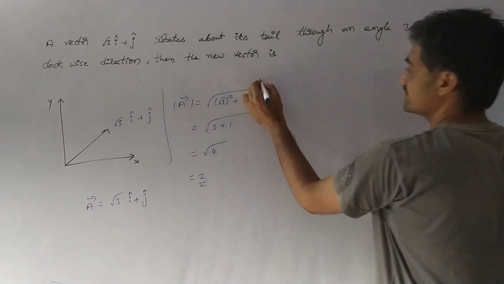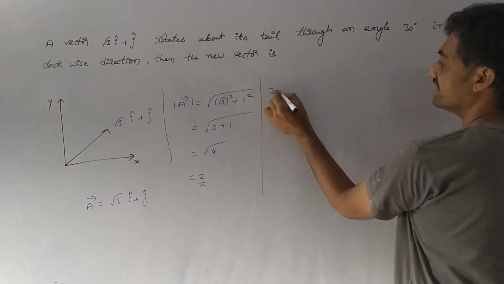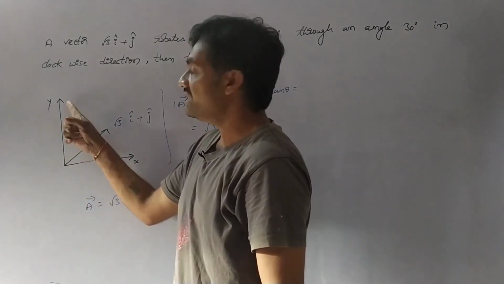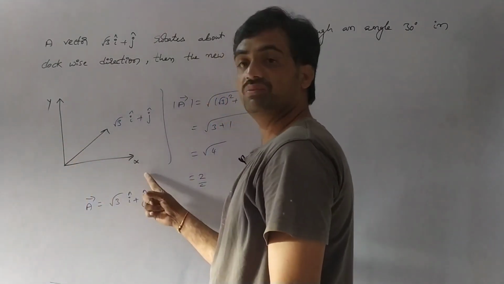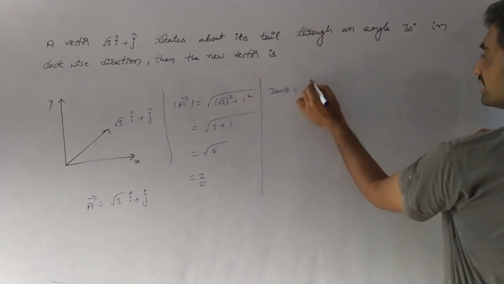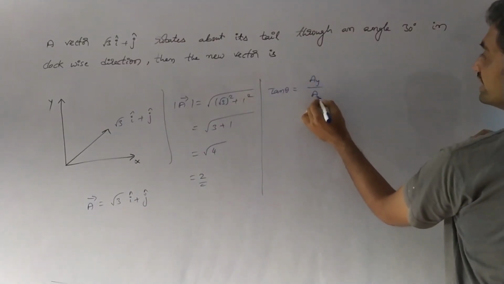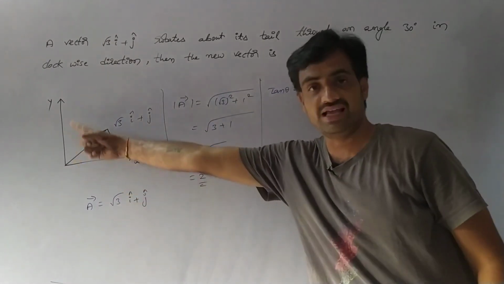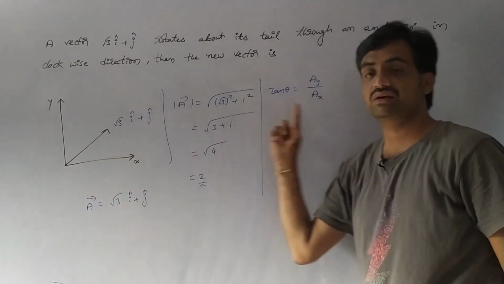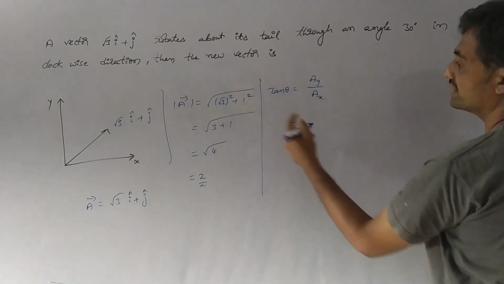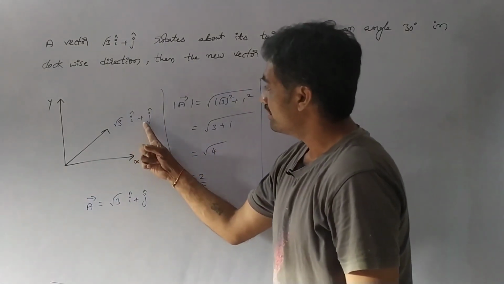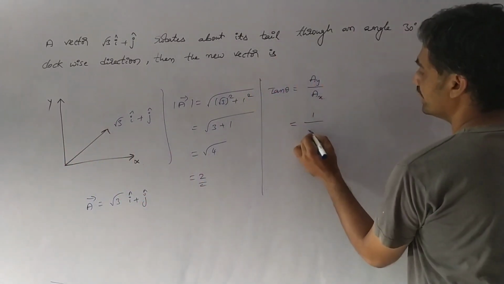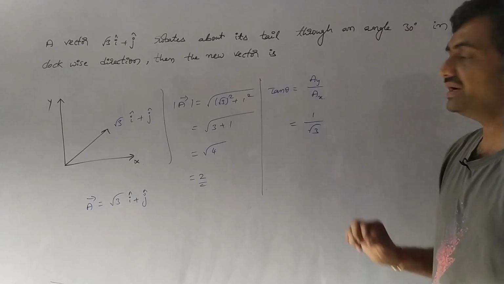Now we have to find the direction. The direction is given as tan theta equals the component along the y-axis divided by the component along the x-axis, that is A suffix y by A suffix x. Observe this vector: magnitude along the y-axis is 1 and along the x-axis is root 3, so tan theta equals 1 by root 3.